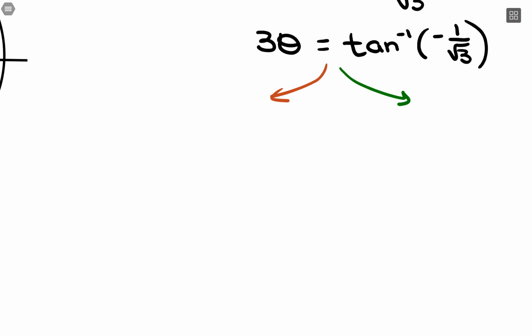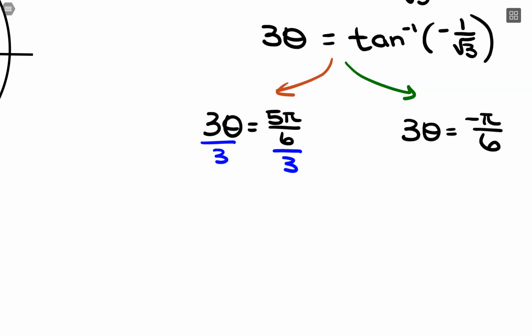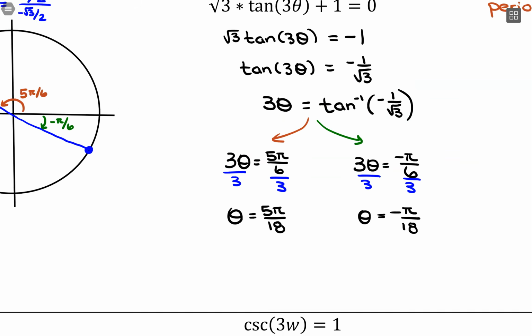We can have 3 theta is equal to 5 pi over 6, or 3 theta is equal to negative pi over 6. Now I'm going to divide both sides by 3. That gives me theta is 5 pi over 18, since it's times 1/3, and theta is equal to negative pi over 18.